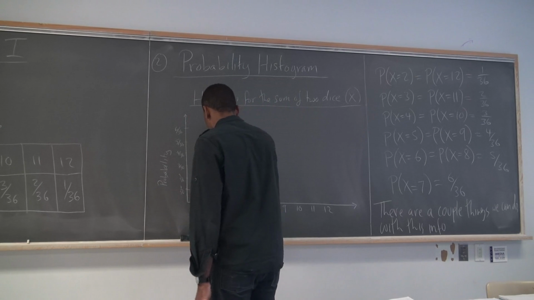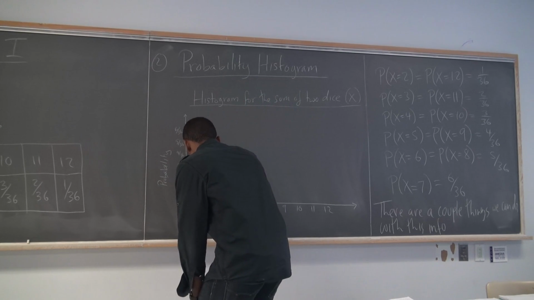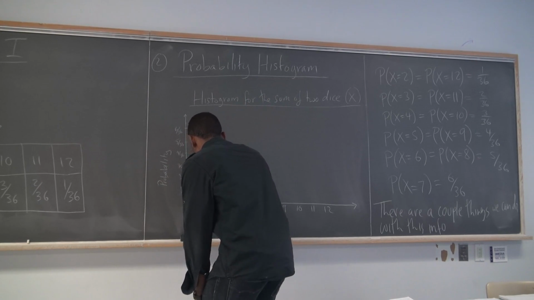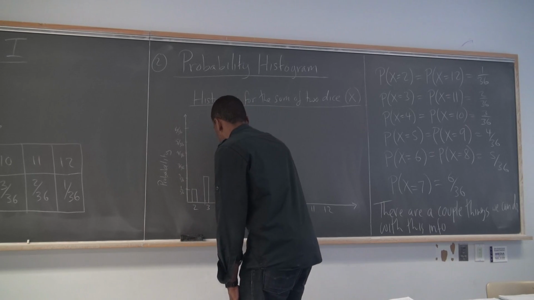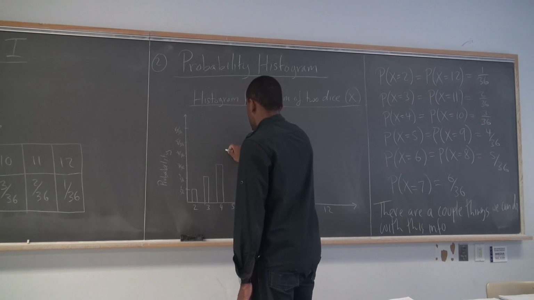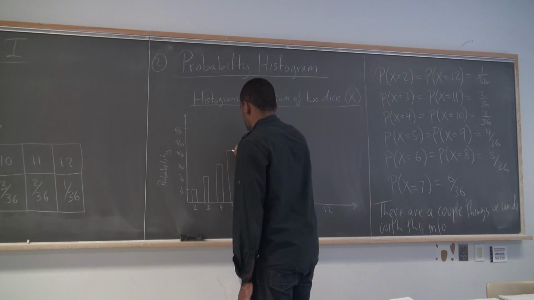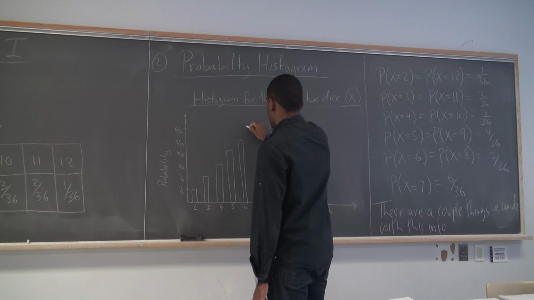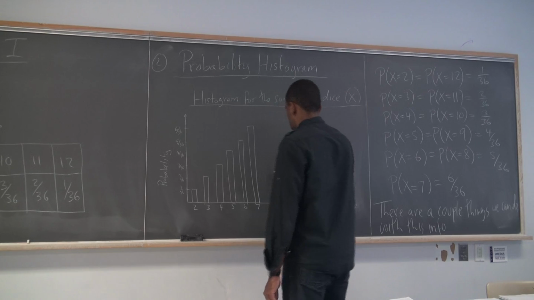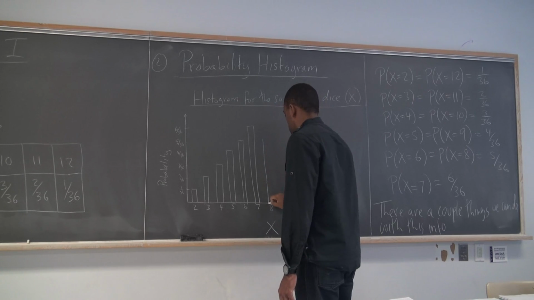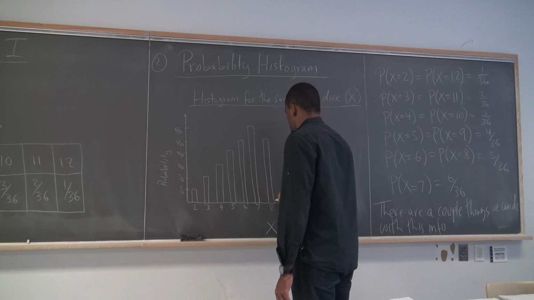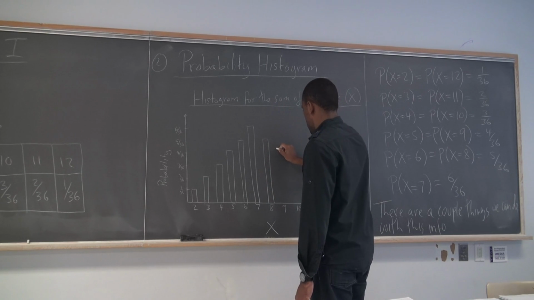We put spaces between the bars. 3 can go up to 2. 4 can go up to 3. 5 can go up to 4. 6 can go up to 5. 7 can go up to 6. 8 can go up to 5. 9 can go up to 5.